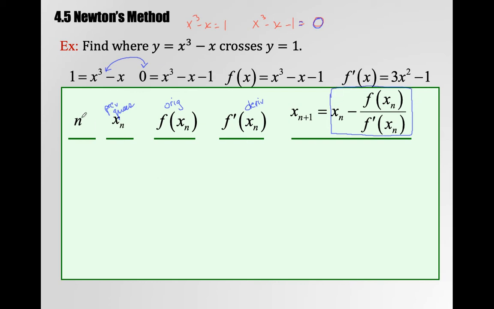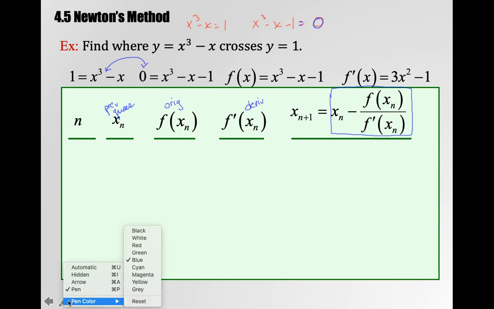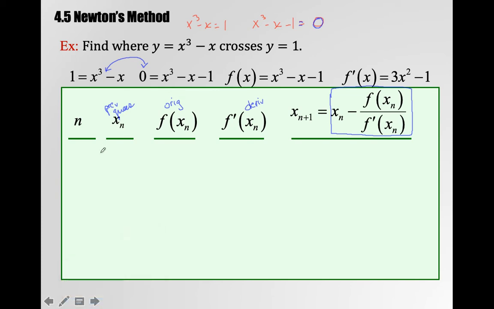N is the number of iterations. So really, as I said, the 0 iteration is when you're not using the formula. So you're just using it from a graph. So I'm going to give that to you.